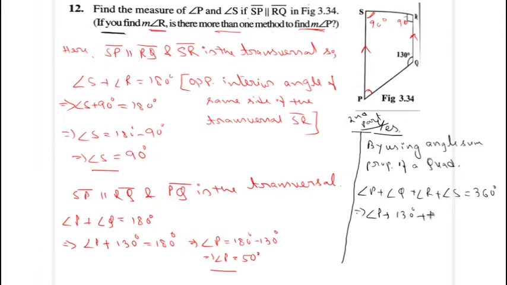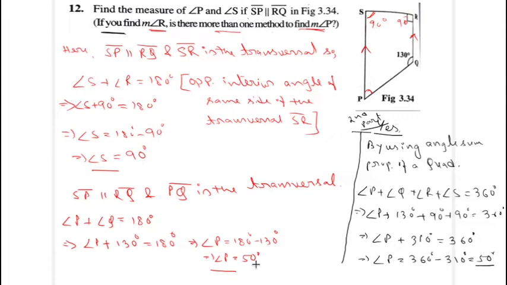Angle R is 90 degrees. Angle S is also 90 degrees, and the sum equals 360 degrees. Now if we add them, what will you get? 90 plus 90 is 180. 180 plus 130 is 310 degrees. Okay, so angle P equals 360 degrees minus 310 degrees, which equals 50 degrees. Same result. So you can use any method to find out the value of angle P here.